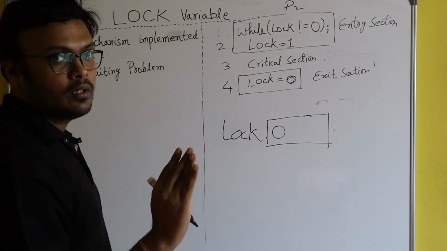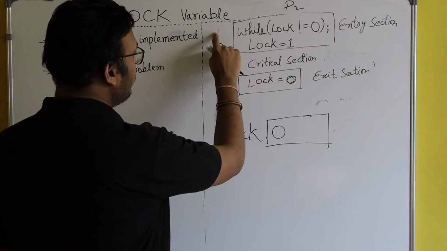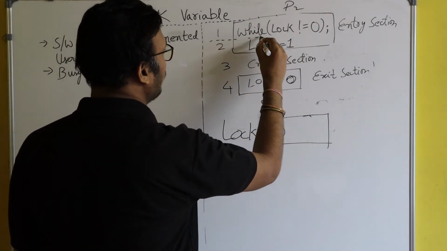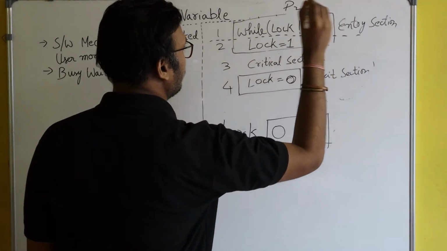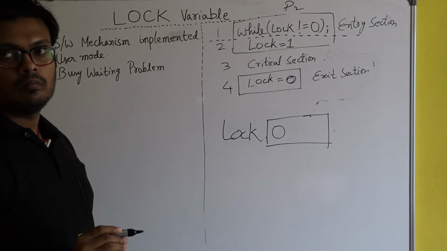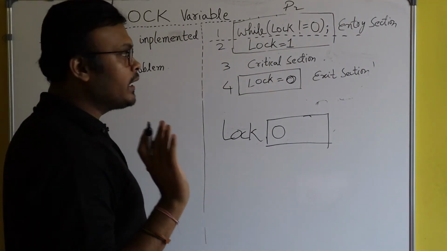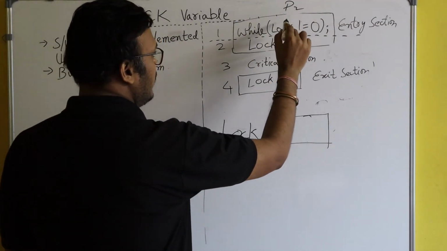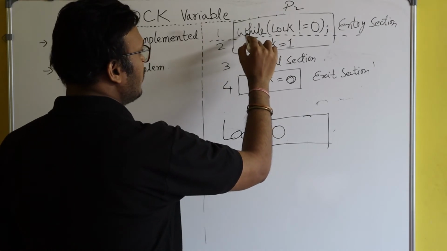But suppose before P1 could go to line number 2, preemption happened at this point. Once again I tell you, please listen carefully. P1 executed line number 1.